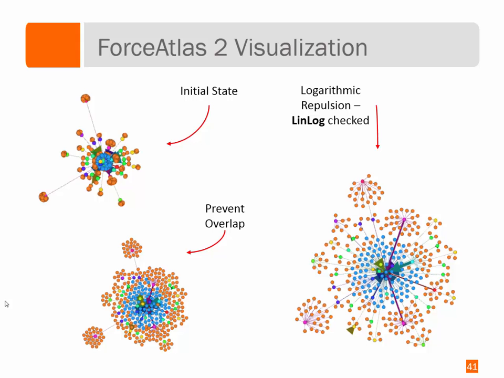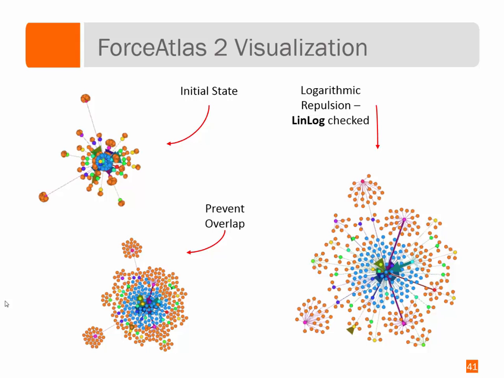Its initial state is in our top left. That's what it would look like initially. Then if we move down to the bottom left-hand side of the screen, if we want to prevent our overlap, we might check that setting and notice that the difference between the initial state and our new state is that in our new state we can see every single one of those nodes, where in the top left-hand initial state we see some are blocked or hidden from the other.